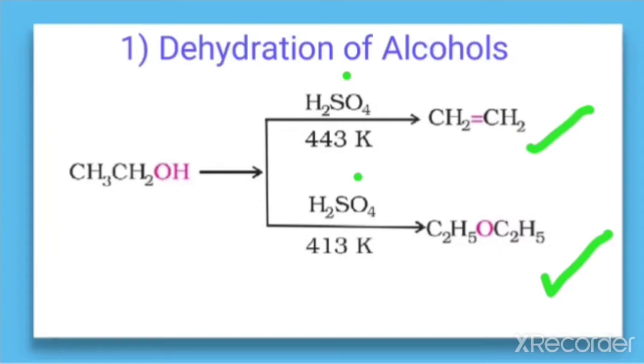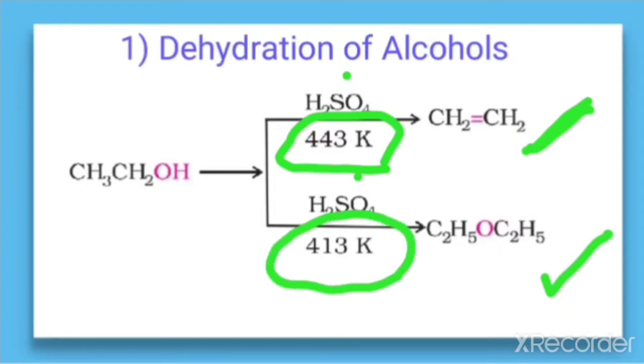For example, when the alcohol is heated with H2SO4 at 443 Kelvin, then alkene is the product. But when it is heated with H2SO4 at a temperature of 413 Kelvin, ether is the major product.